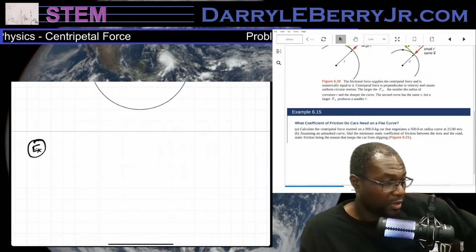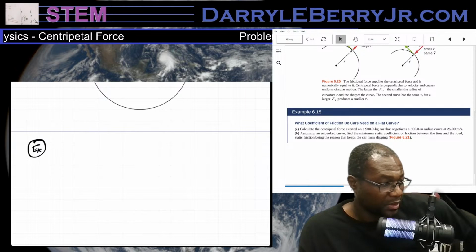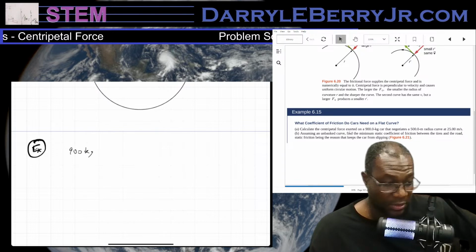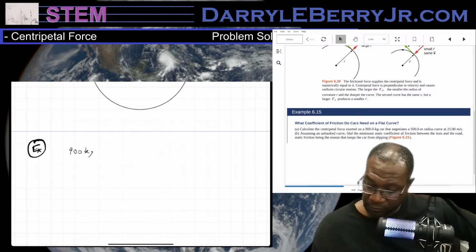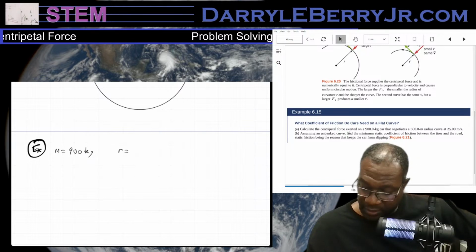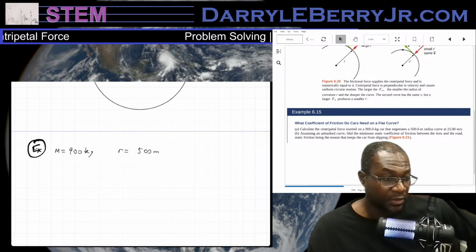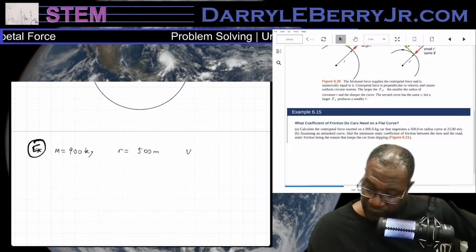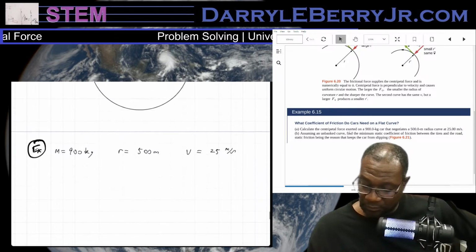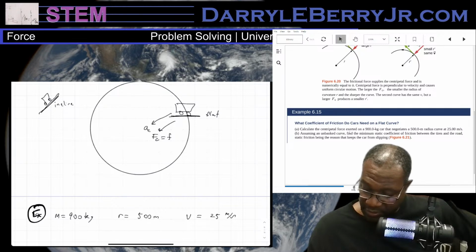What coefficient of friction do cars need on a flat curve? Calculate the centripetal force exerted on a 900 kilogram car. The radius is 500 meters, and v is 25 meters per second. So basically we have this scenario here.